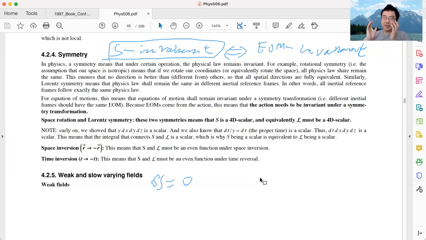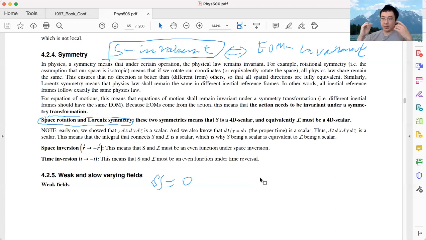Okay? So symmetry in the action language is very simple. It just means the action, or say the time integral of the Lagrangian, needs to stay invariant no matter when we do some symmetry operation to the system. So for example, we learned early on that in our universe, space rotation and the Lorentz transformation should not change the equation of motion.